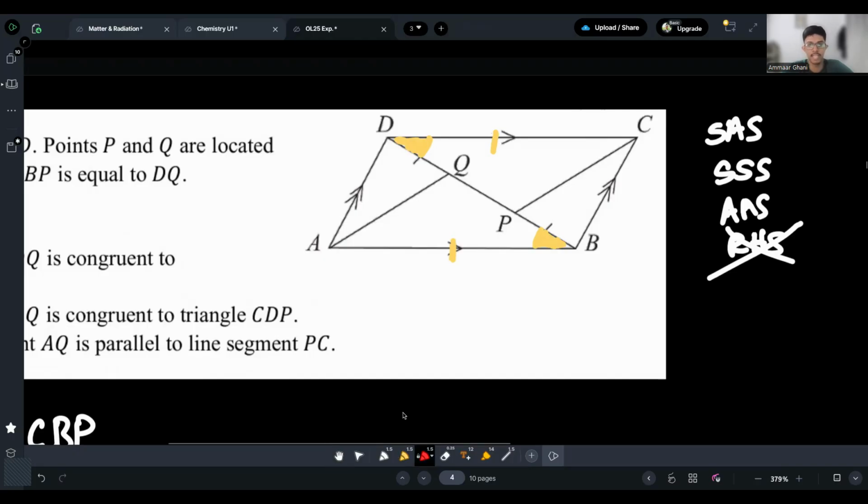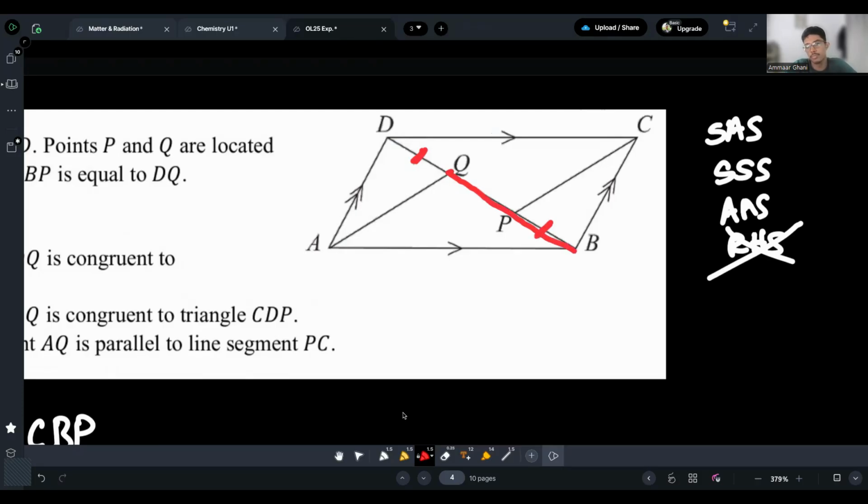Look here carefully. They have already told that. Let me erase these two for you to get a clear idea. They have already told that DP is equal to DQ. It's a given data. Can you see that DP plus PQ is this.